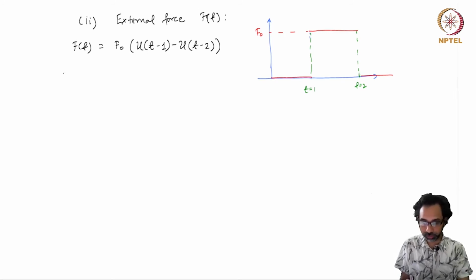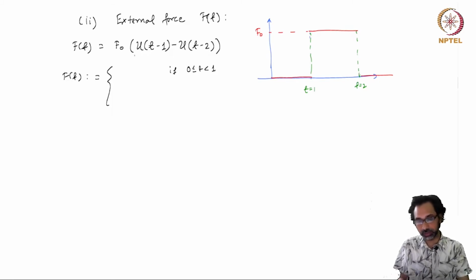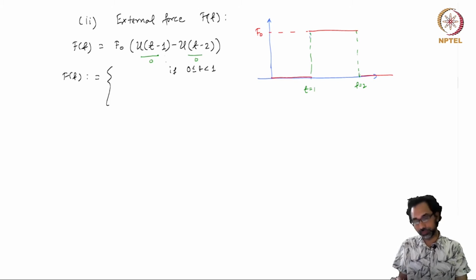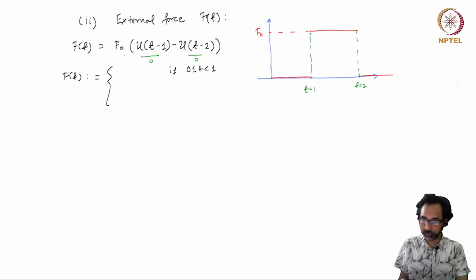So let's check that F(t) is giving the same value. So if t is between 0 and 1, then the Heaviside step function is 0, so the first term is 0, and also this part is 0, because for both variables you get a negative value when t is less than 1. So both are 0, therefore this is 0.